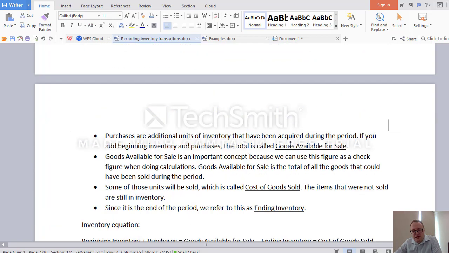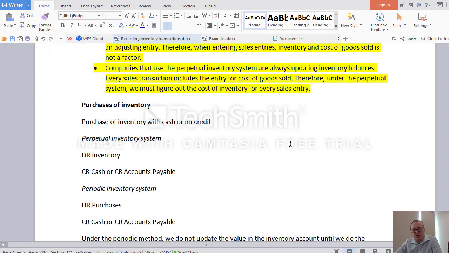So let's look. Suppose we purchase inventory, doesn't matter with cash or on credit. If you have a perpetual inventory system, then of course you will have more inventory, more assets, so debit inventory, and since you spend cash, credit cash, or you will have a liability, credit accounts payable.